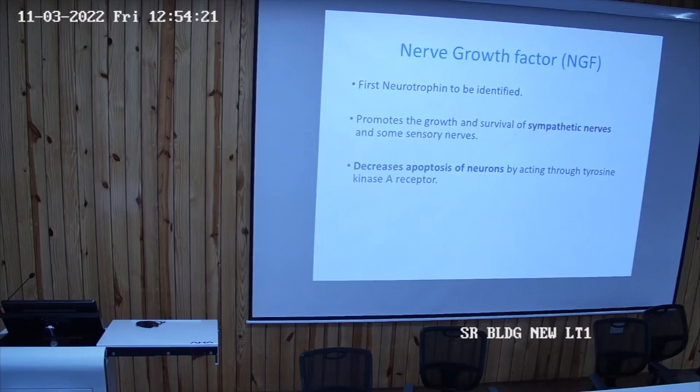Okay. So it decreases the apoptosis process of the neuron by acting through this tyrosine kinase A receptor, and it is an autocrine survival factor for memory B lymphocytes के लिए भी काम करते हैं, and it is formed in higher concentration. तो nerve growth factors है, इसमें मिलते हैं ज़्यादा saliva of the male bite, इसमें बहुत मिलते हैं.